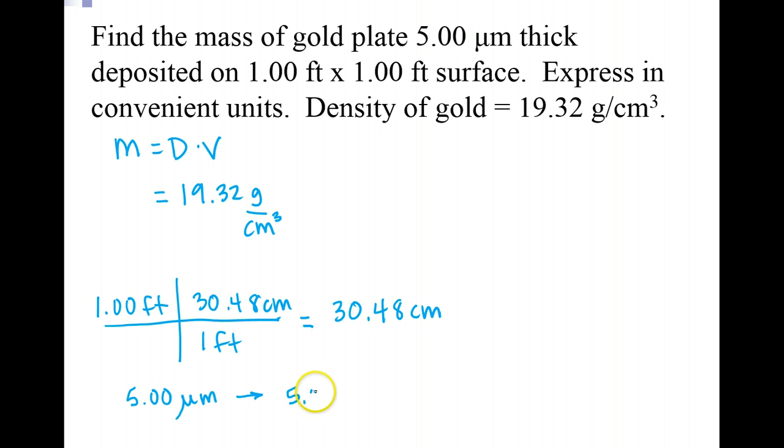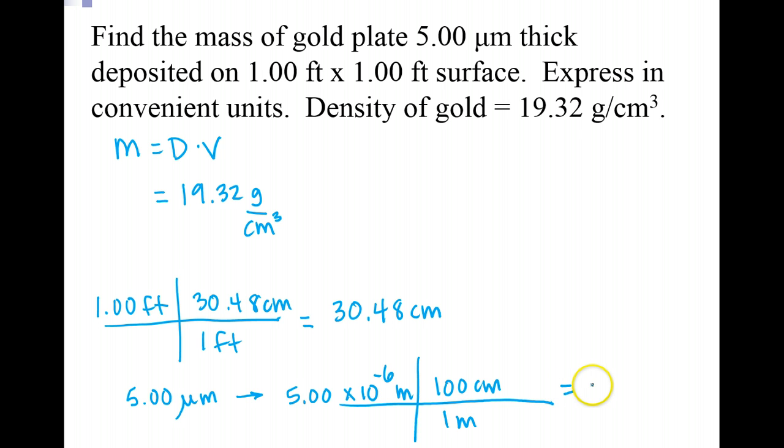So I could write this as 5.00 times 10 to the negative 6th meters. At least that's in the metric system, but it's not centimeters yet. There are 100 centimeters in 1 meter. So in terms of centimeters, this thickness could be expressed as 5 times 10 to the negative 4th centimeters. So now, I go back to my setup at the top.